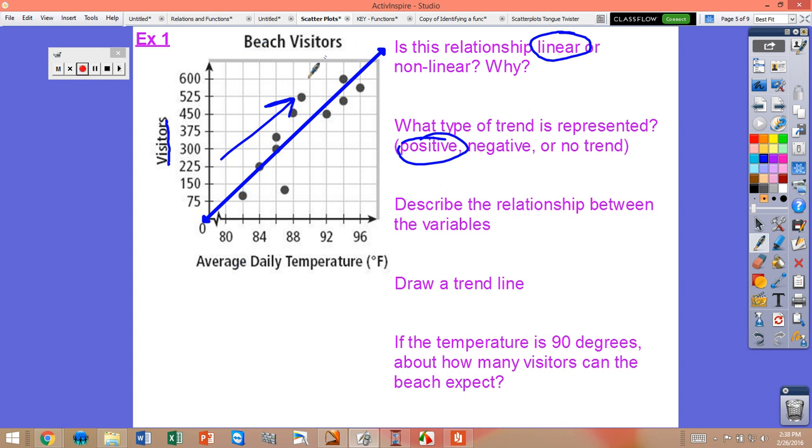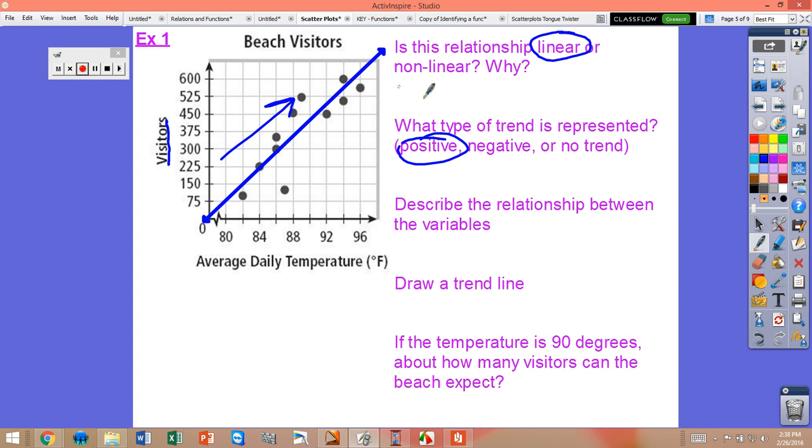So this is beach visitors, the number of visitors at the beach and average daily temperature. So as the temperature rises, what happens to the number of visitors? Well, that also rises. So as it gets hotter outside, you're going to have more and more people come to the beach.